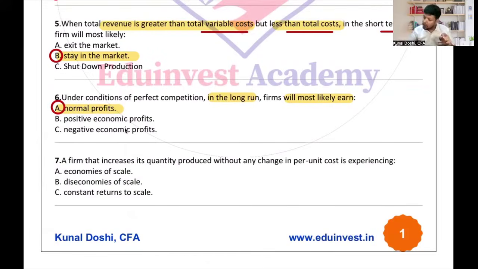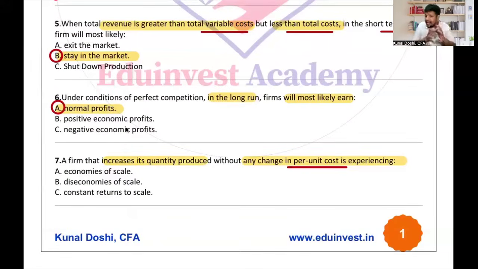Got it? So a firm increases its quantity produced without any change in per unit cost. Very interesting. Is it economies, diseconomies, or constant? Guys, as you produce more, if the cost per unit is decreasing, it's economies of scale.